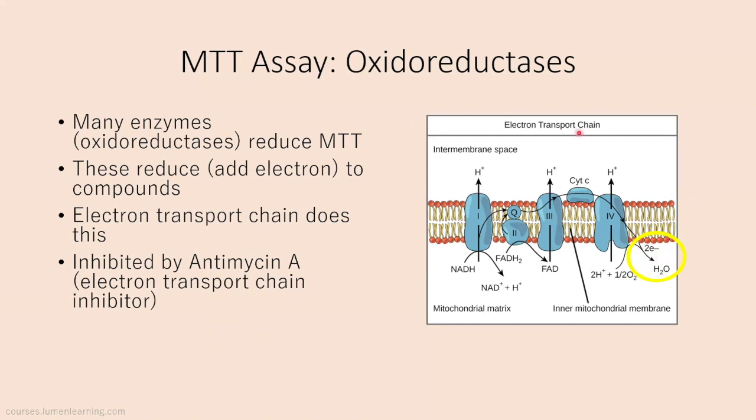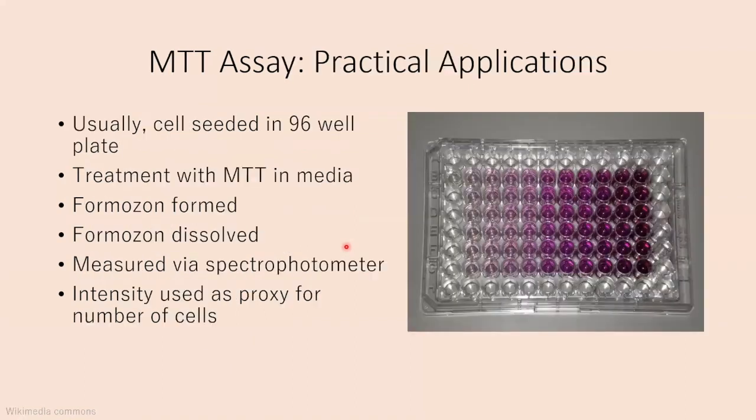So this is a very powerful engine, the electron transport chain, for reduction. And in fact, it's possible to alter MTT readings by adding antimycin A to cells. So what you're actually measuring here is total reduction power in each well.